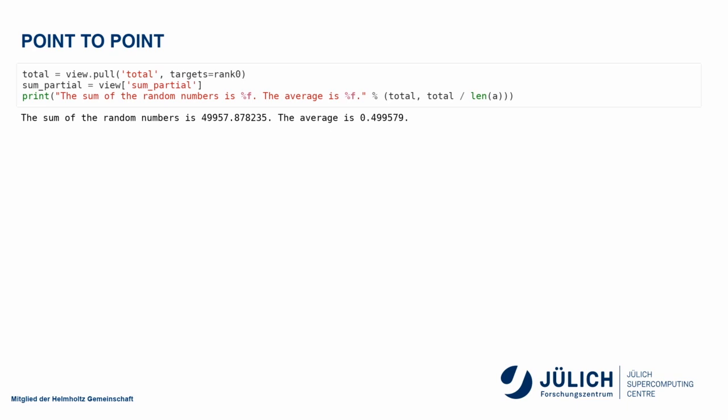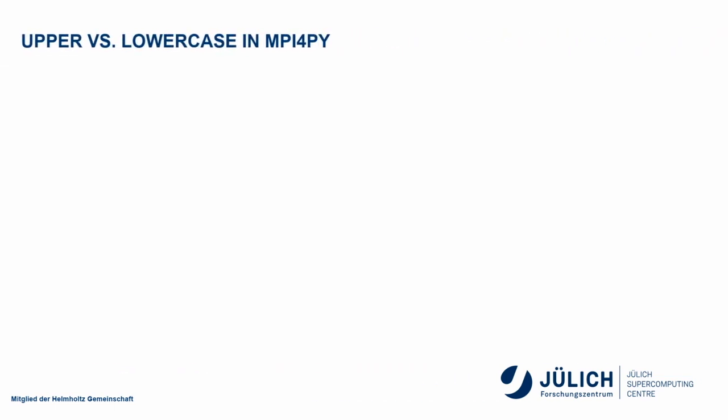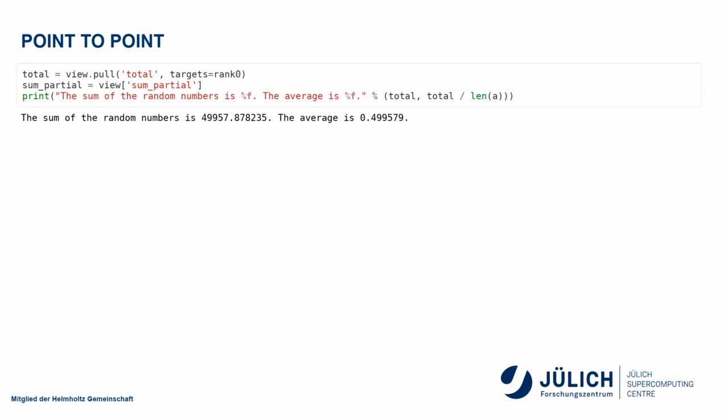I do have point-to-point communication available. And here I'm mixing a little bit. So this is actually part of the IPython parallel API. I'm using a view. But I can also now do the same thing with MPI calls.